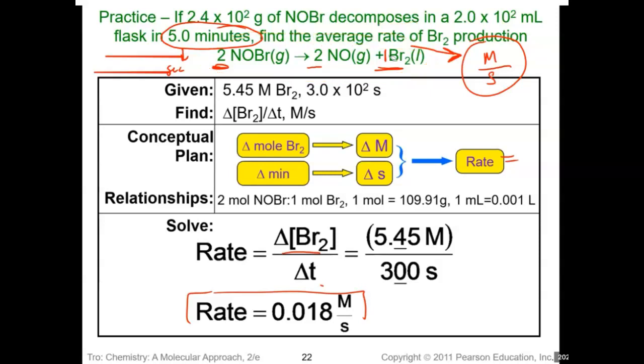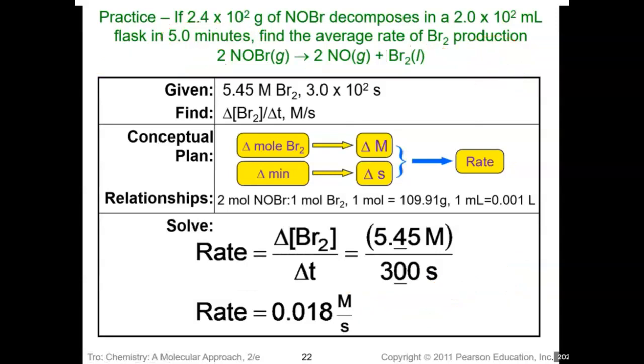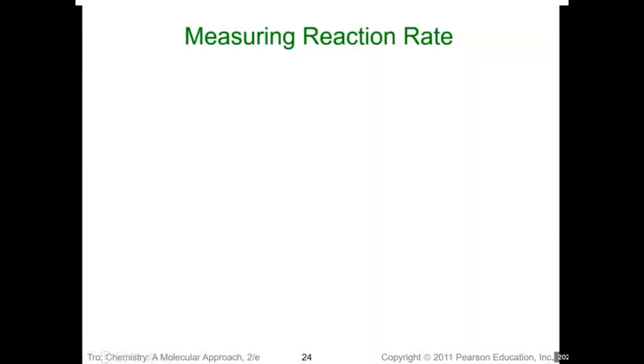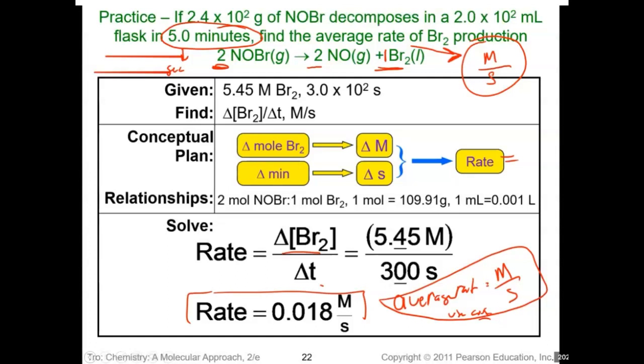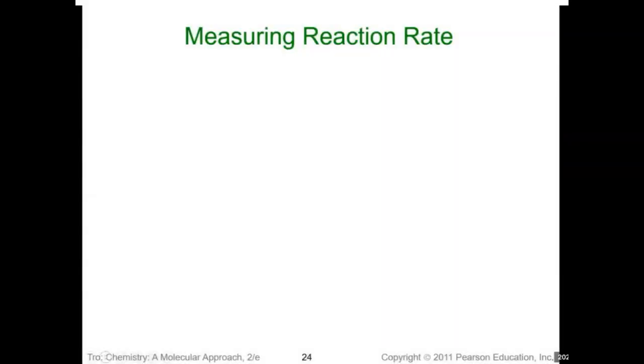So in your brain, you need to put: average rate, units molarity per second, use coefficients only. This is the only time we're ever going to do that. Okay, so that again is average rates. It's very different than instantaneous rate. Remember, an instantaneous rate is the slope of the line. We're going to be doing reaction orders and experimental determinations also, and those have nothing to do with coefficients, and those units are very rarely molarity per second.